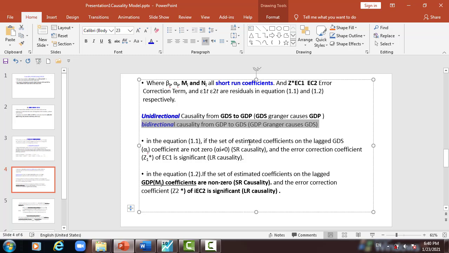If the set of estimated coefficients on the lagged GDS, the A coefficients, are not zero, we call it short-term causality, and if the error correction coefficients, Z star of EC1 and EC2, are significant, we call it long-run causality.